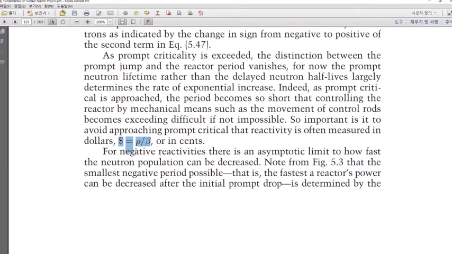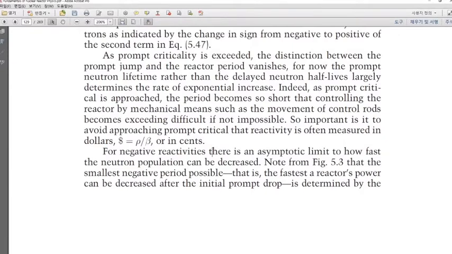So $0.1 will be equivalent to 10 cents. That means the reactivity reaches 0.1, or 10% of the prompt criticality reactivity. That is, we have 0.00065.